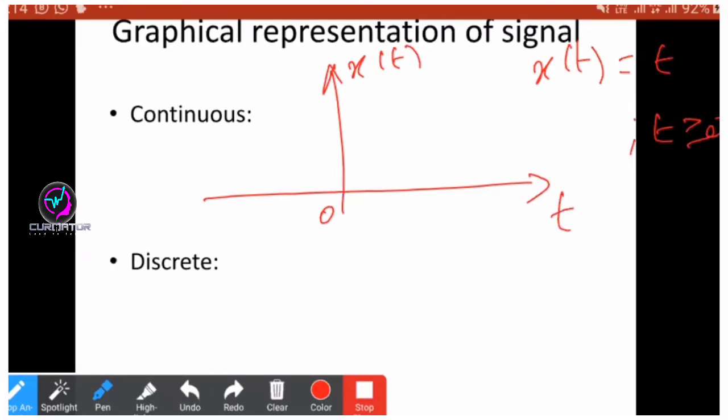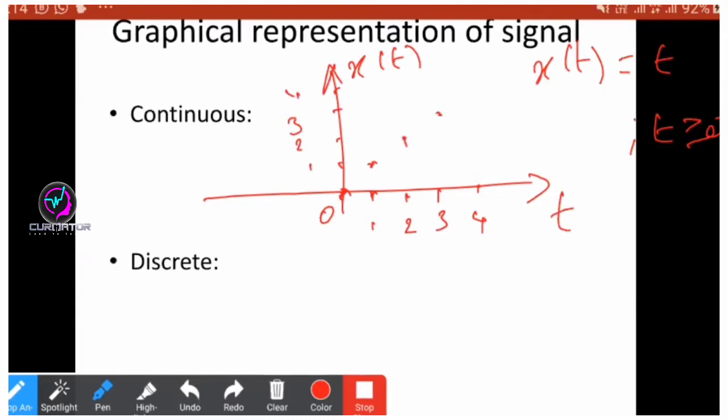So here at 0, the value of x of t equals 0, and when t equals 1, let us mark like this: when t is equal to 1, x of t will also be 1. When t equals 2, x of t will also be 2.